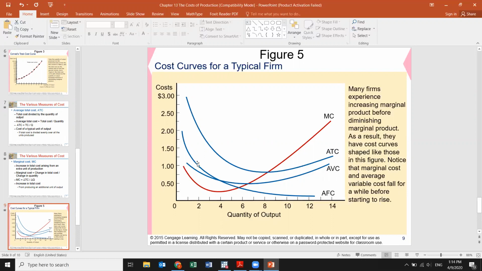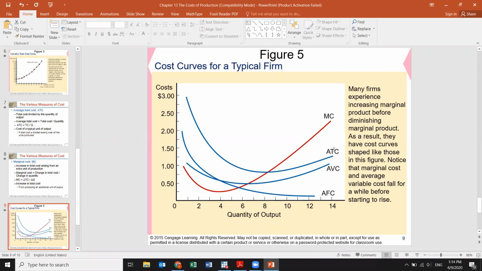However, increasing the number of units produced reduces the average variable cost until some point. Then after that, it starts to increase. So basically, we should consider the average total cost, which consists of average variable cost and the average fixed cost.